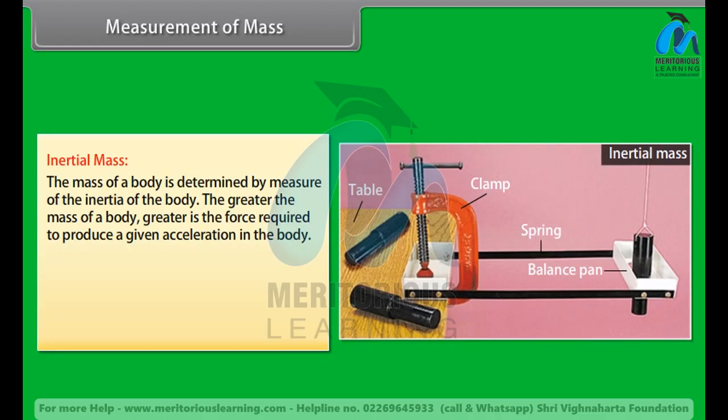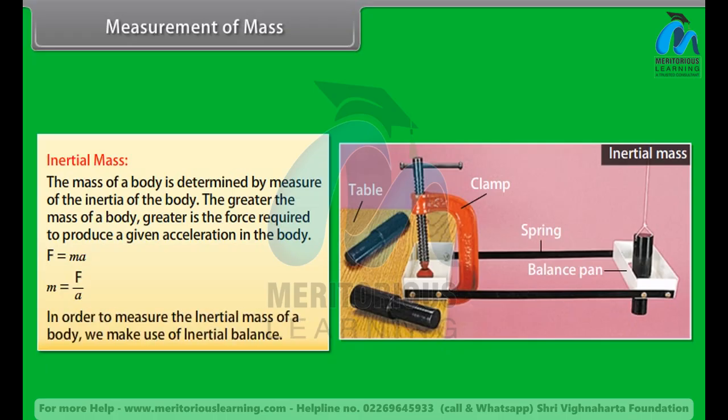The greater the mass of a body, the greater is the force required to produce a given acceleration in the body. F equals ma, or m equals F upon a. Thus, a very heavy body has a larger inertial mass than a light body.